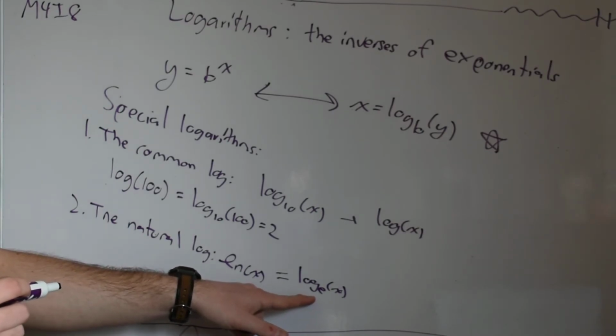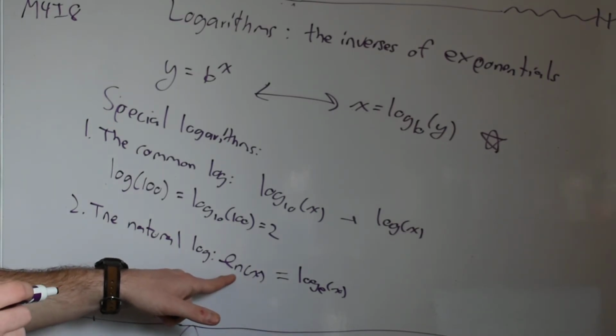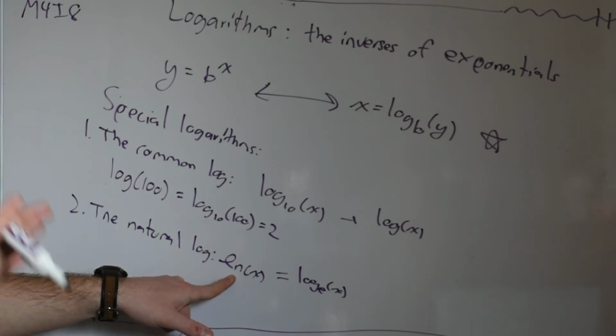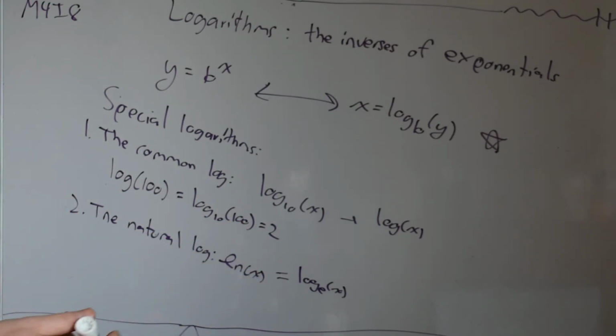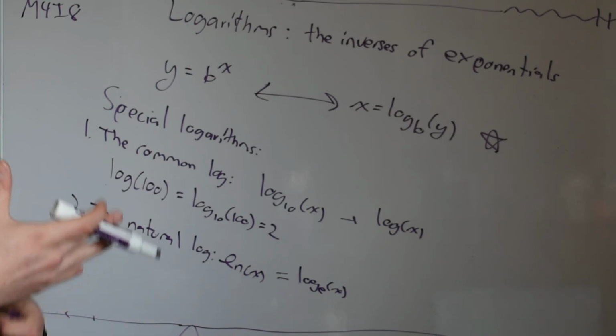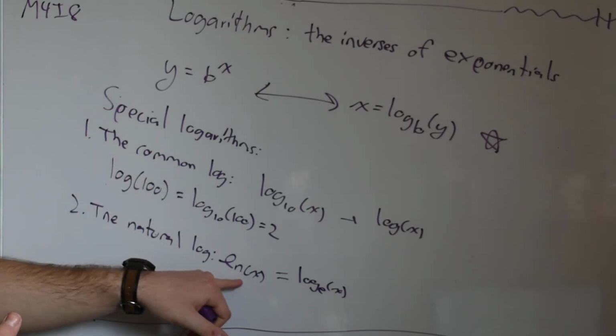That's what this is. And again, it gets a special name because it's so common. This comes up all over the place with population growth and interest and so many other things that it gets its own special name.